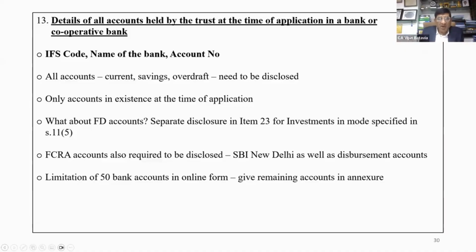The FCRA account is required to be disclosed, because SBI utilization and disbursement account details are to be given if there is an FCRA designated account with SBI Parliament Street branch, Delhi. There is a limitation of 50 bank accounts in the online form; give the remaining accounts in an annexure, because in the form only 50 bank account details can be given.